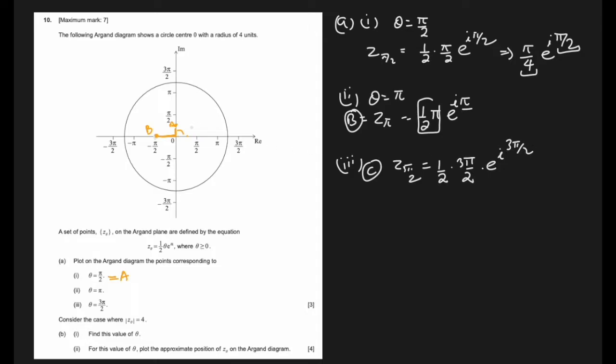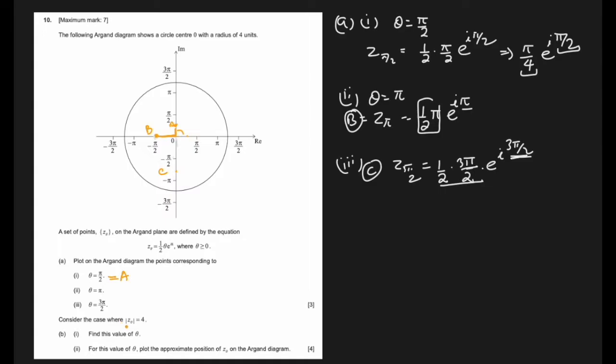So 3 pi by 2 is the positive argument from here till here. Let me undo this one and show you with the other one. Basically this line, and the modulus is 3 pi by 4, which will be exactly between pi by 2 and pi, and this point here is C.